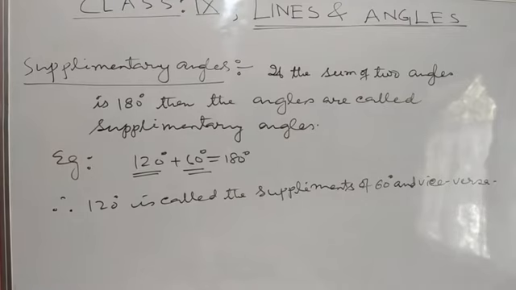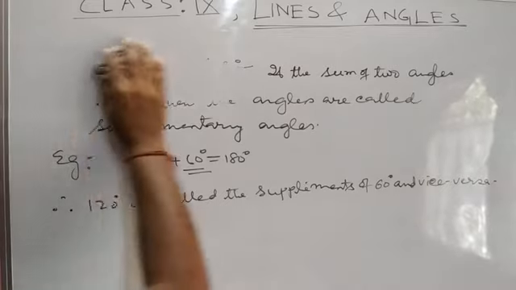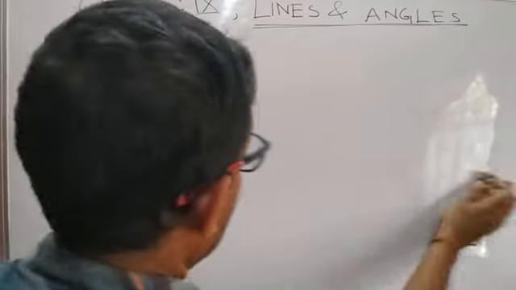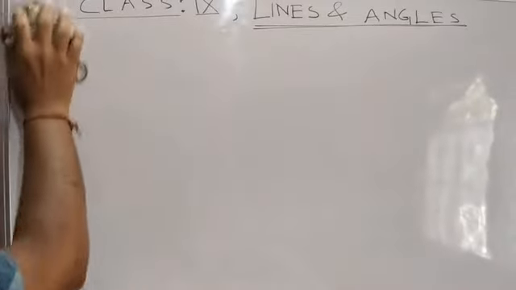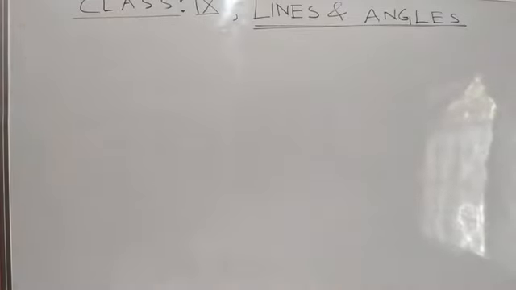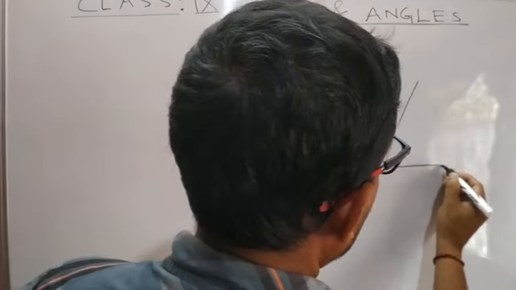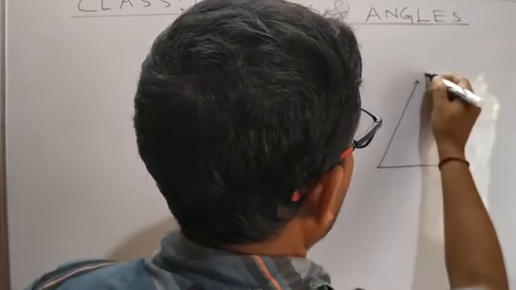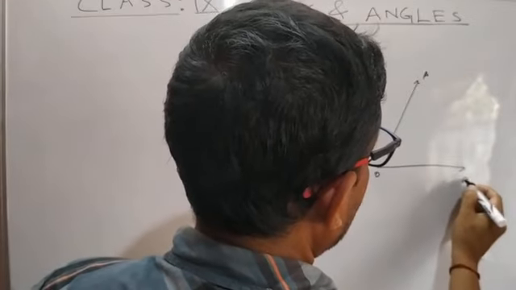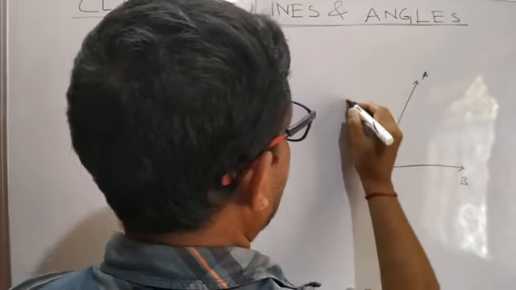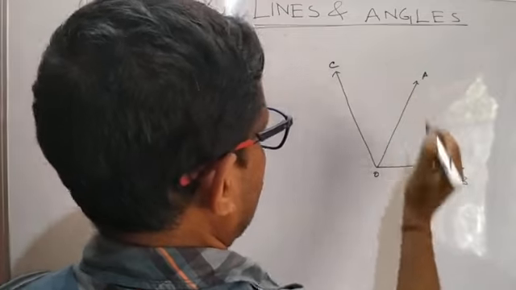Next, you see adjacent angle. This is very important. Adjacent angle means two angles. Suppose this is an angle AOB, and suppose this another angle AOC.